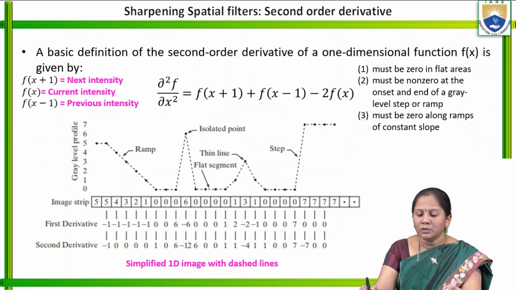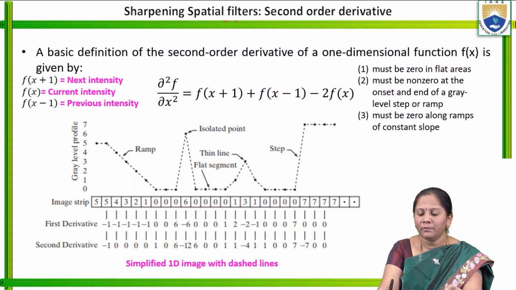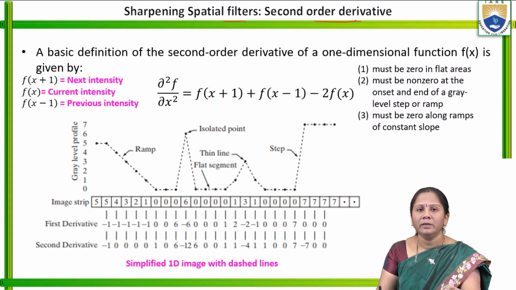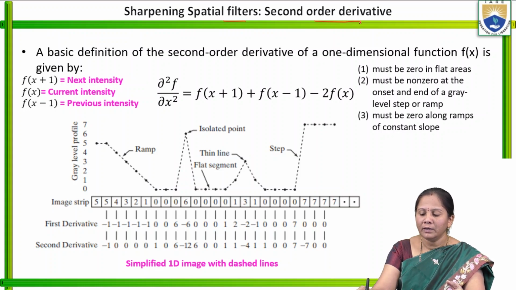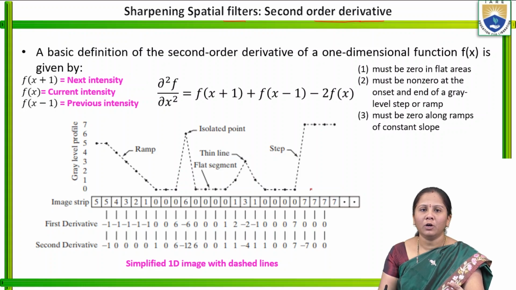Now, coming to the sharpening spatial filters, the second order derivative. Till now, whatever we have discussed is regarding the first order derivative. Next, for the same one-dimensional image, let us apply the second order derivative.